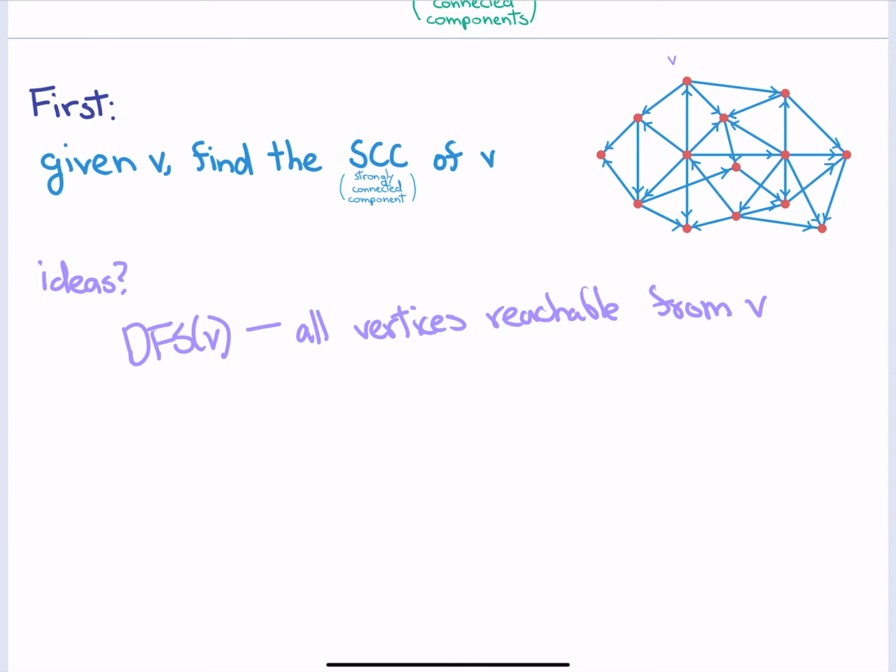If you can reach V from V, you mean like if there's a cycle? Ah, okay. So if there's a cycle, yes, everything is okay. But finding a cycle is also another challenge.